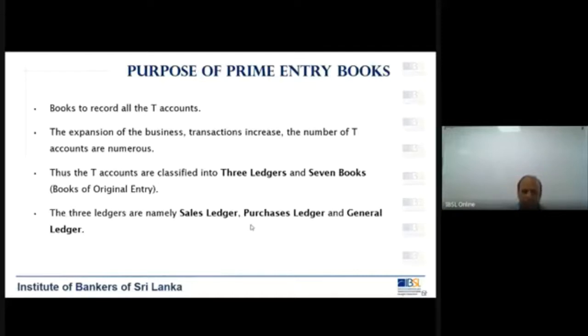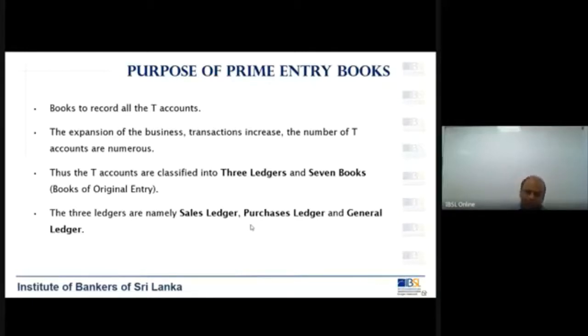Now, I always take the example of a bank, because if you go through the examination questions, they mostly deal with banks. So you need to be very familiar with what is happening in banks and how we relate it to the business accounting subject.